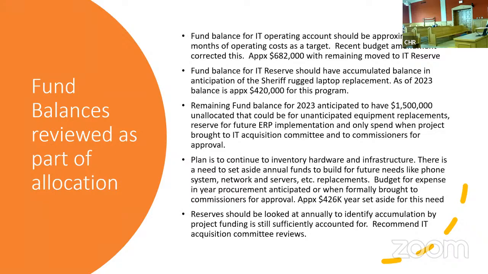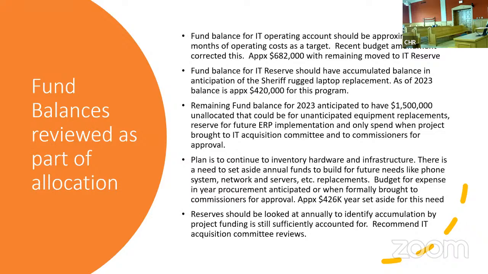When the first sentence starts out, continue to inventory hardware and infrastructure. It wasn't something that I think was done very well. It was done on a one-time basis. That's the key word, isn't it? So we just need to continue to do that and keep it as part of our annual process to make sure that we have that.